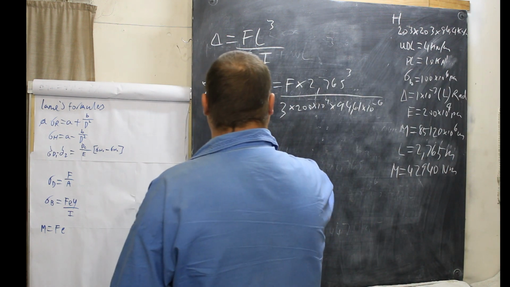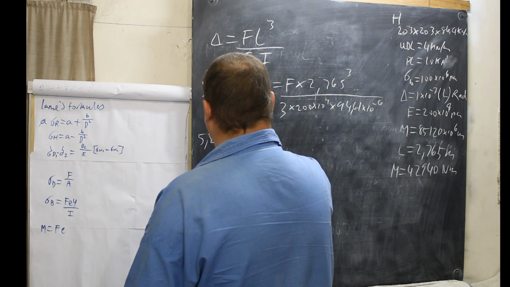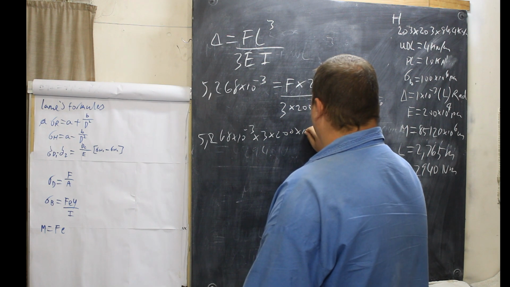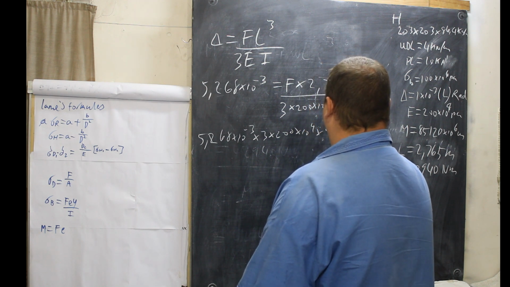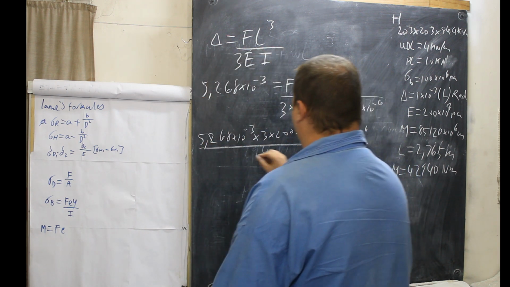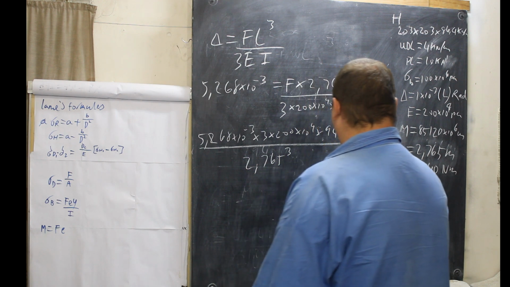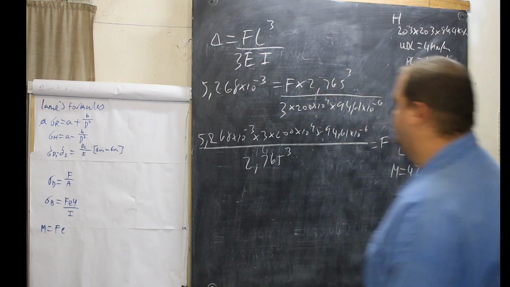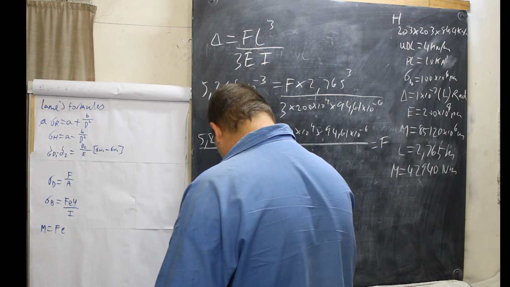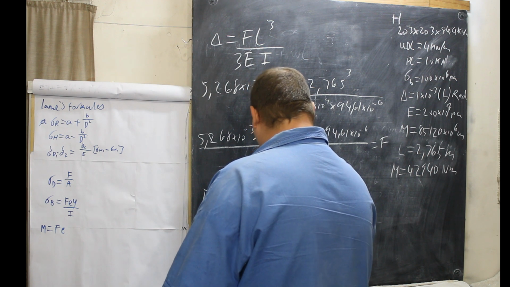Okay, so all we need to do now is take 5,268 times 10 to the minus 3 times 3 times 200 times 10 to the 9 times 94,61 times 10 to the minus 6 all over 2,765 cubed equals F. So now finally F equals 39,115 kilonewtons.